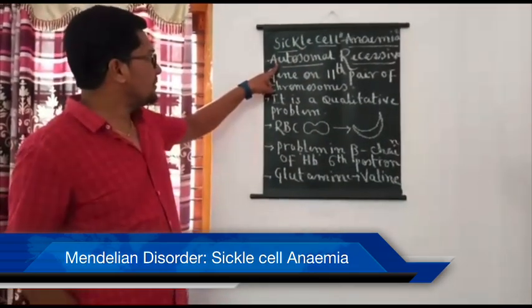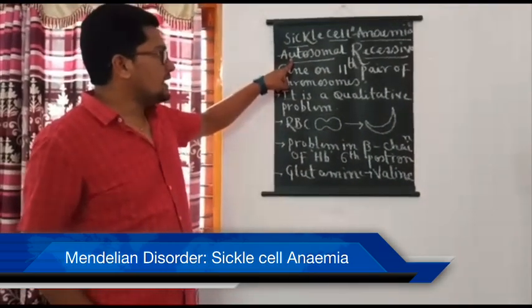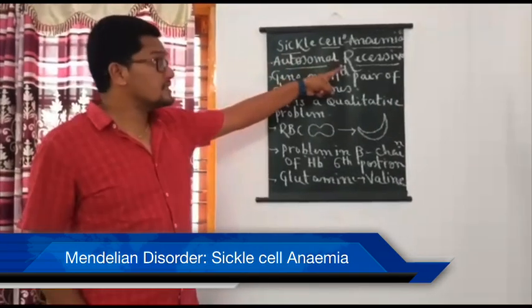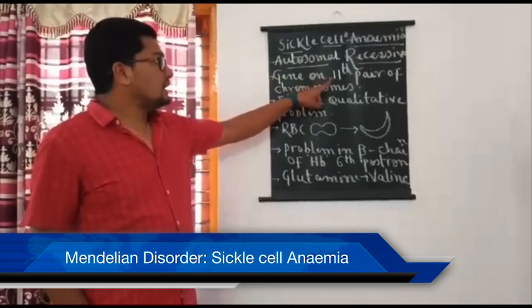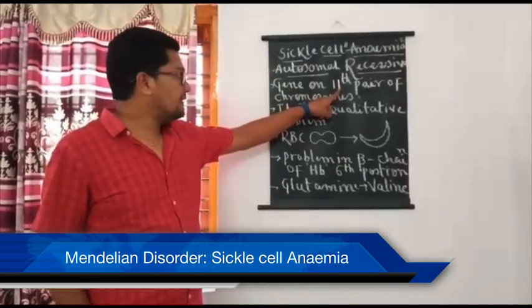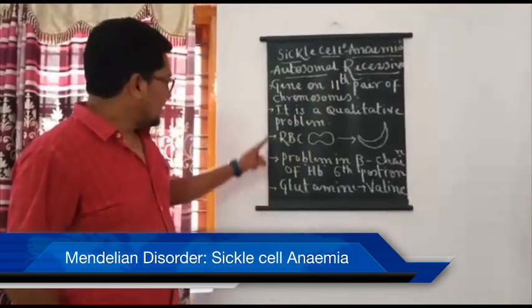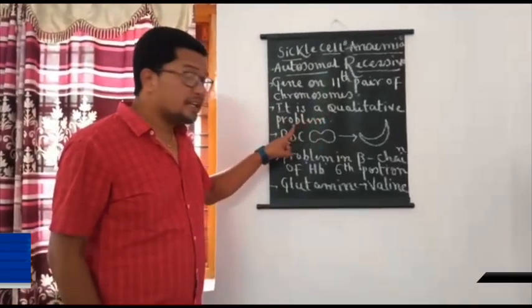Once again remember, sickle cell anemia is an autosomal recessive trait. The gene for sickle cell anemia is always present on the 11th pair of chromosomes, and it is a qualitative problem.